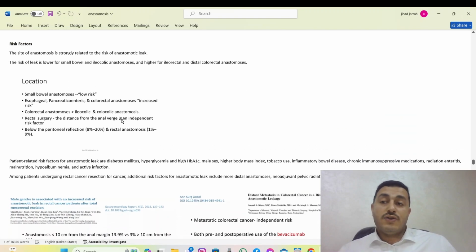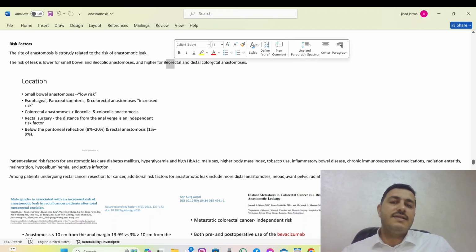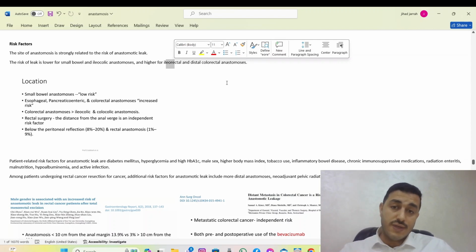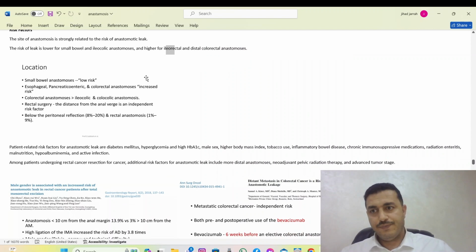If we are talking about the risk factors of leak, site is the most common risk factor. The risk of leak is lower for small bowel and ileocolic anastomosis, and higher in ileorectal and distal colorectal anastomosis. We say rectal anastomosis, colorectal, ileorectal is high.